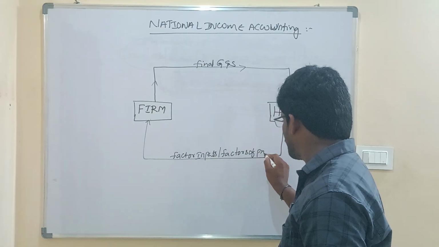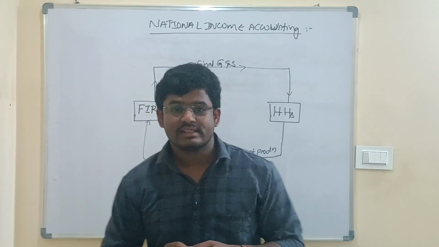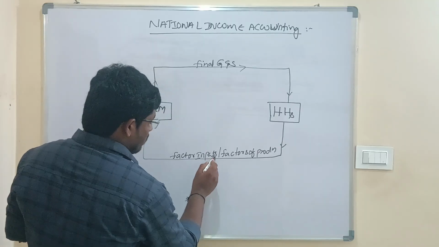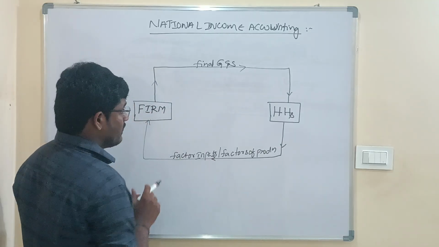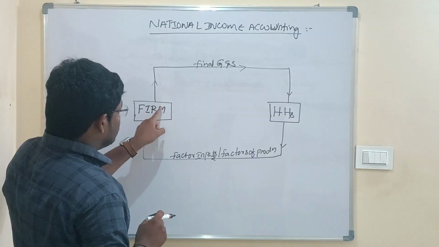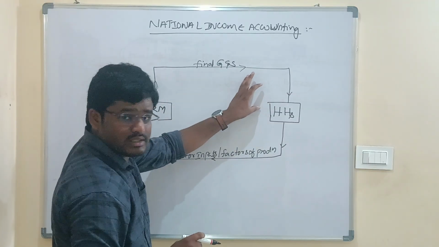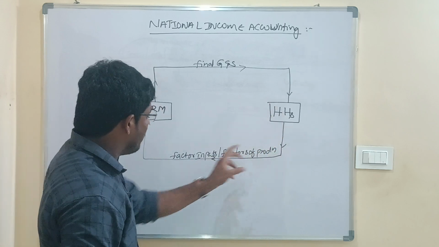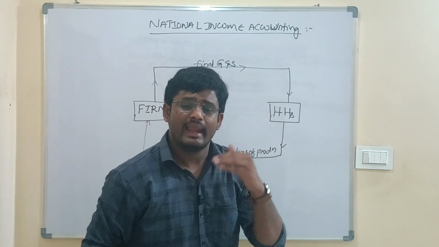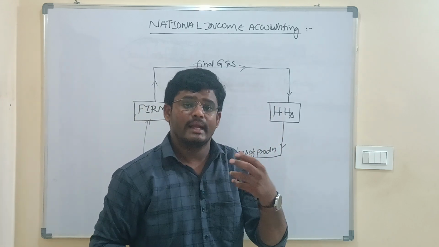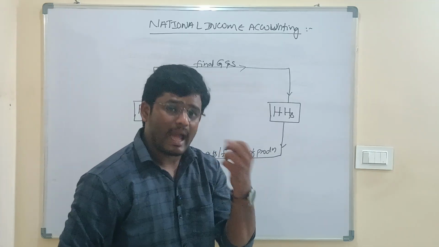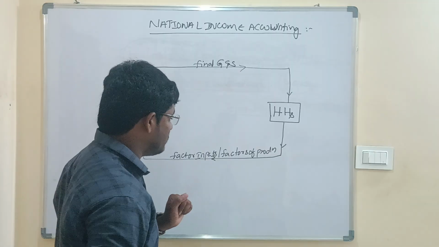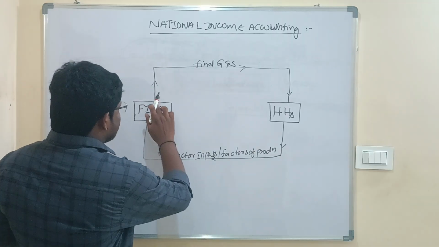So factors of production are being supplied by the households. Now you can look at the arrow mark. It is being directed towards the firm. So firms produce final goods and services. To produce these goods, households have to supply the factor inputs, like labor, land, or certain capital. Only when they supply this does the production of final goods and services take place. It means there is something here.